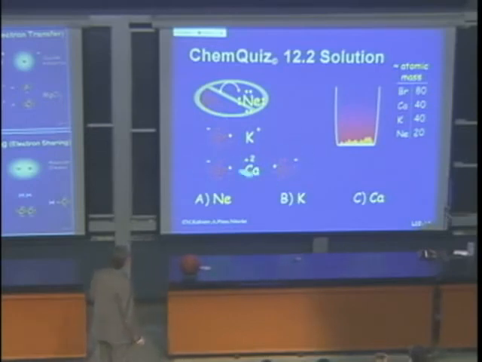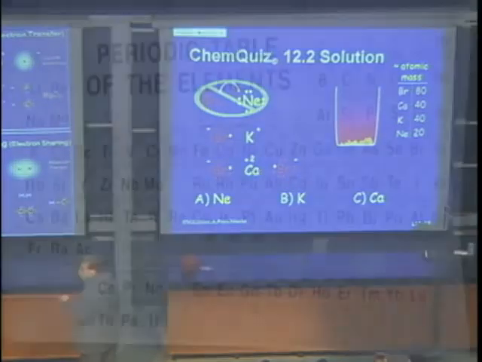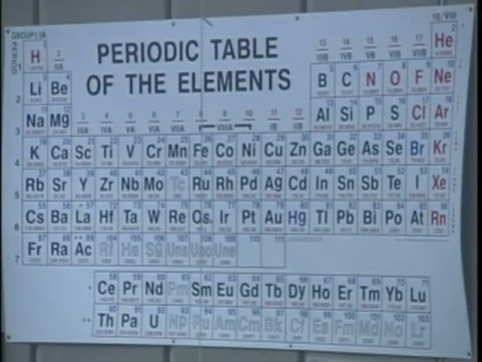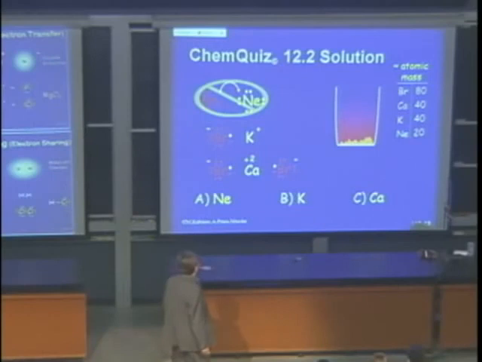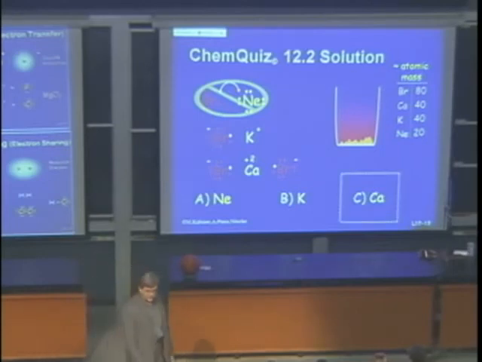This is an octet, this is an octet, and this is an octet. It's the one lower, it's the argon octet. Okay? So now let's see, the total mass is twice 80 is 160, plus 40 is 200. So 160 divided by 200 is 80 divided by 100, so that's 80%. Okay? All right, and with this, the answer is calcium.